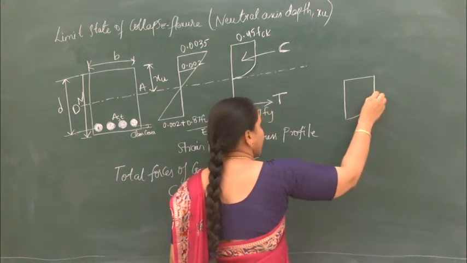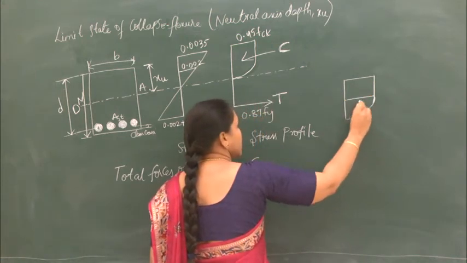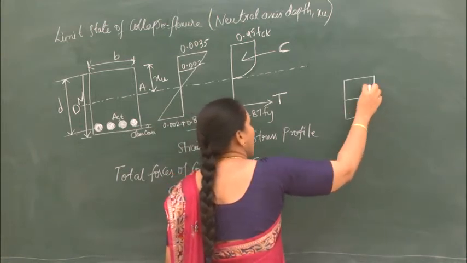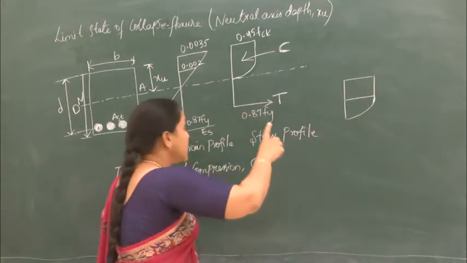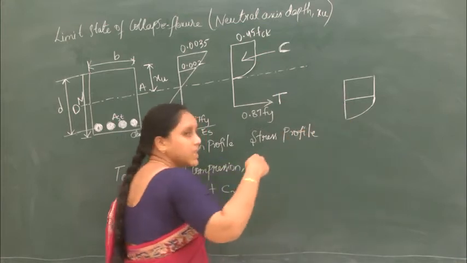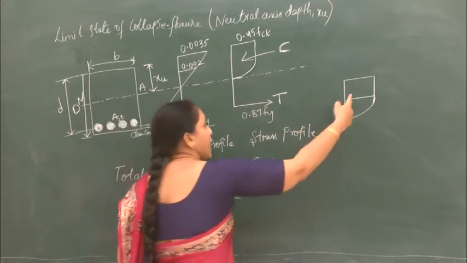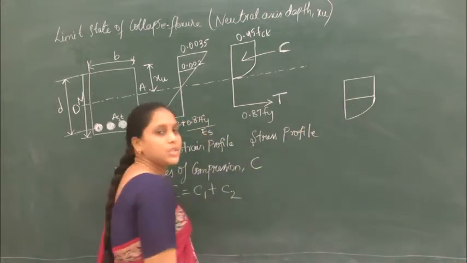So up to a strain of 0.002, this is parabolic in shape and here it is linear. This particular stress block, as it is irregular in shape, I have divided into two parts.